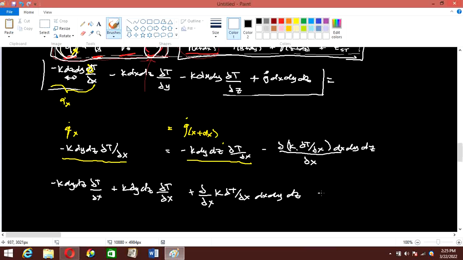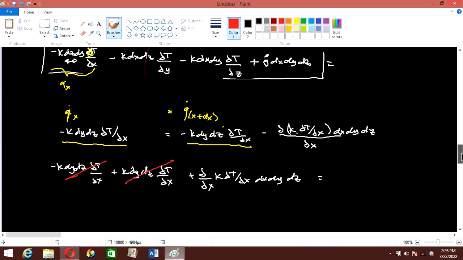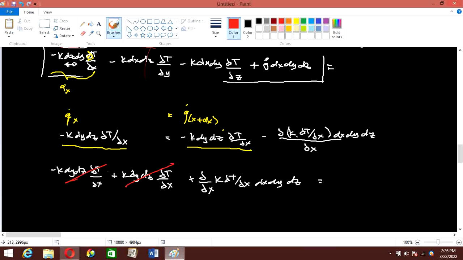So we can cancel this out because the terms are similar but have opposite signs. The one is negative and the one is positive. So when you add these two, they are 0. Okay.